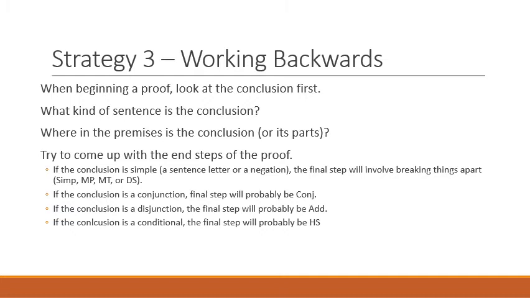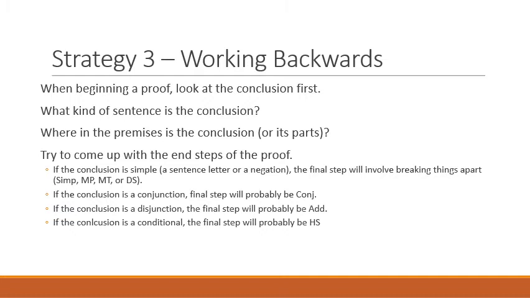So, for instance, if the conclusion is a simple sentence letter or just a negated sentence, then there's a good chance the final step will involve breaking something apart. You're probably going to use simplification, modus ponens, modus tollens, or disjunctive syllogism as your final step.